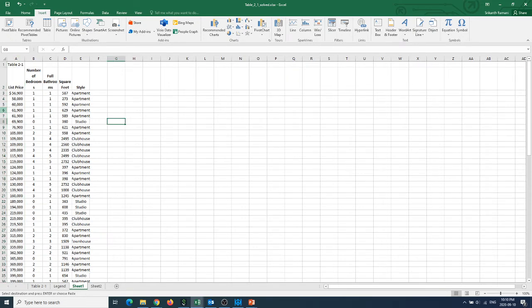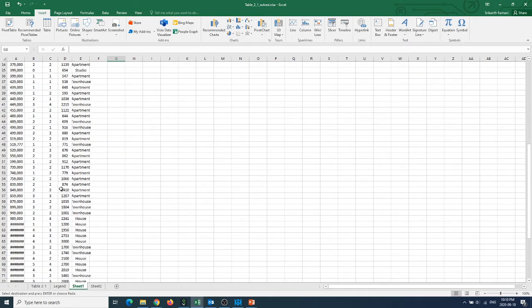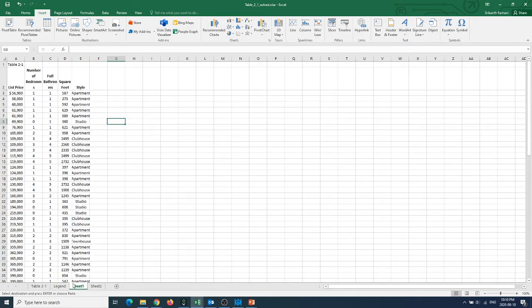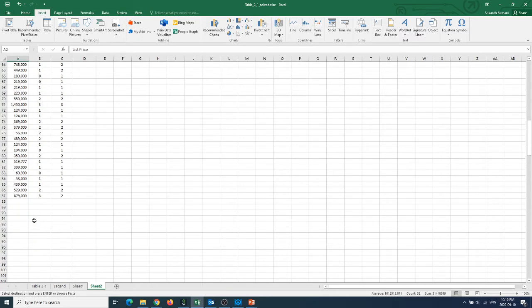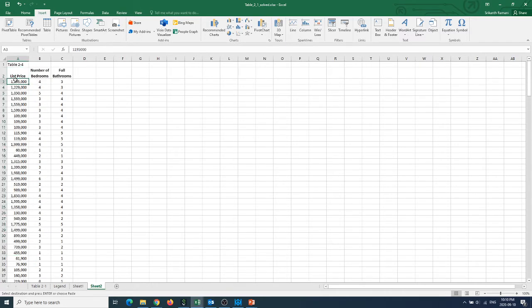So to answer these sort of questions, you still have a lot of the data here. And if your data is unorganized, you just have a bunch of houses and their list prices that you collected from some website, with some bedrooms and bathrooms data which you might not want. You need to create a frequency table or relative frequency table in order for this data to be useful.